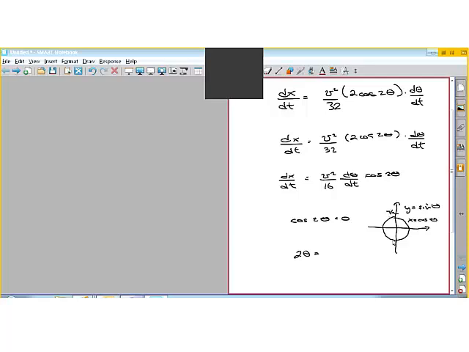Well, it's at pi over 2 and 3 pi over 2, which is 90 degrees and 270 degrees. But in this case, we don't go that high. So this is equal to 0 when 2 theta is equal to 90 degrees.